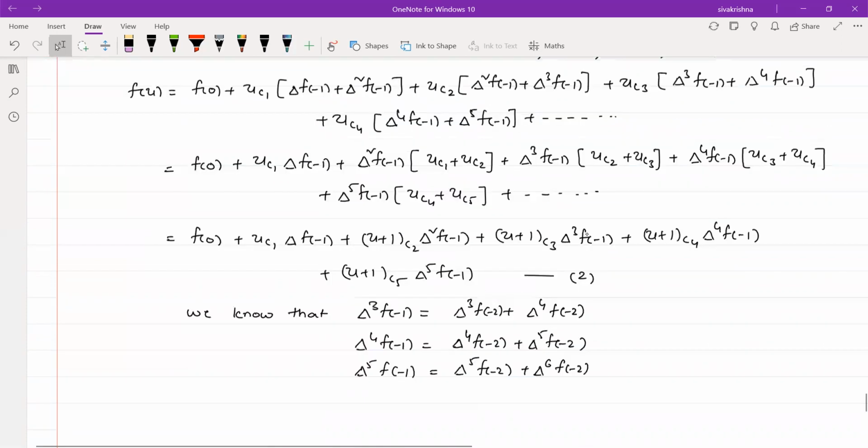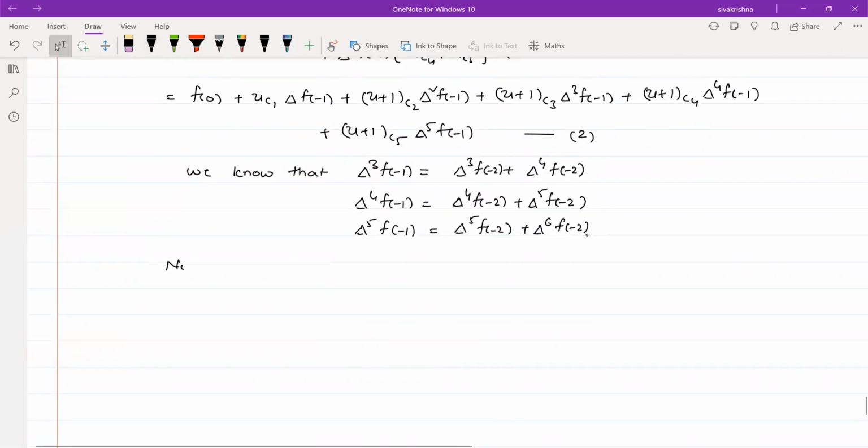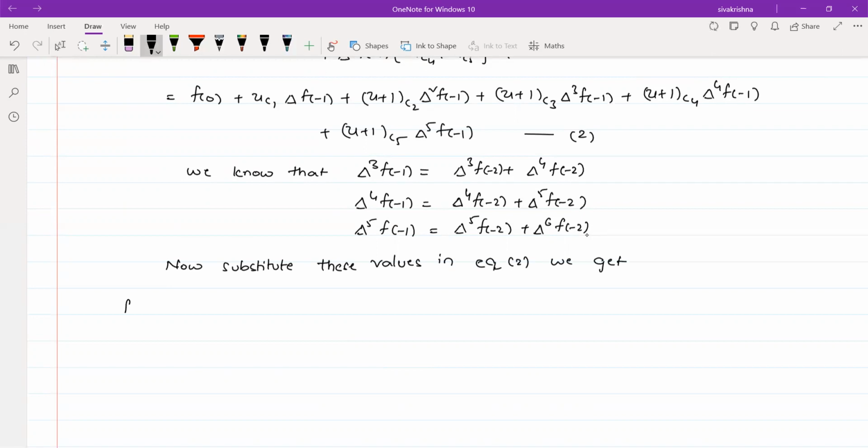Now substitute these values in equation 2. We get, once again, f of u is equal to f of 0 plus uC1 into delta f of minus 1 plus (u+1)C2 into delta square f of minus 1 plus (u+1)C3 into delta cube f of minus 1.